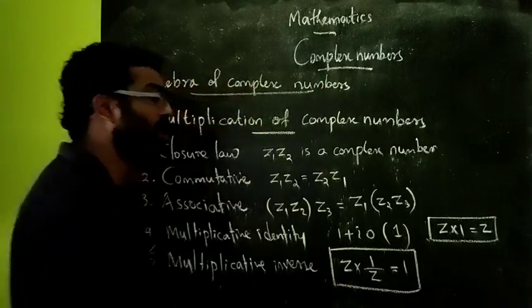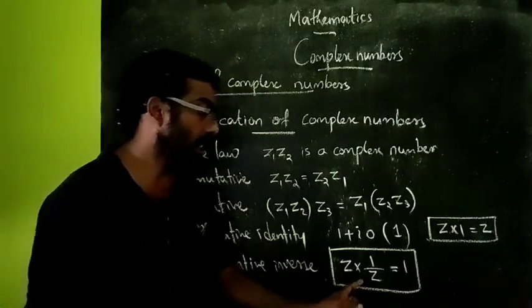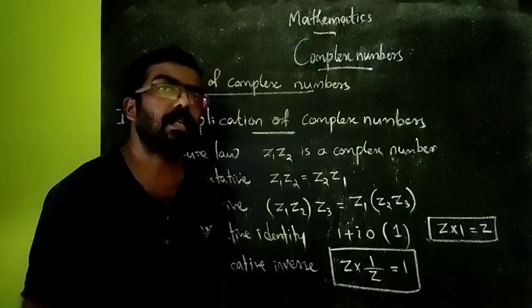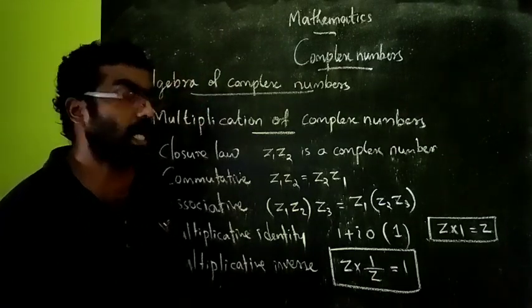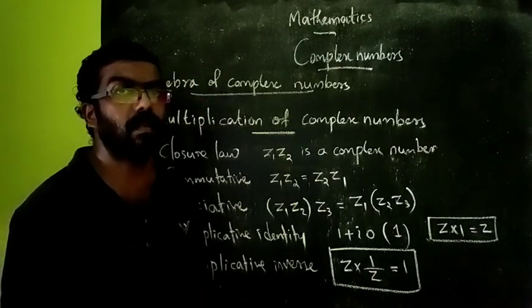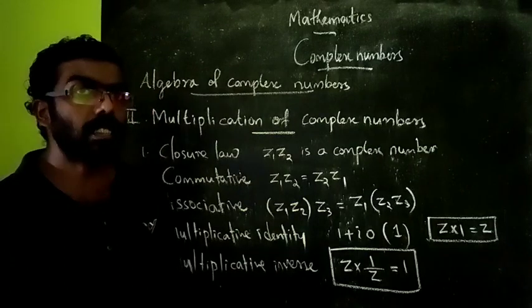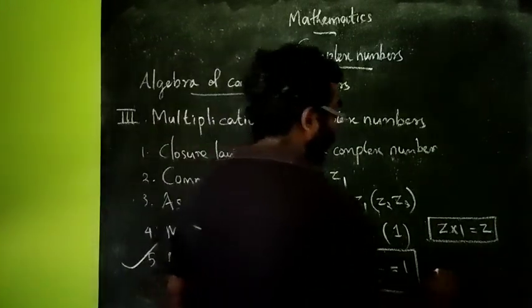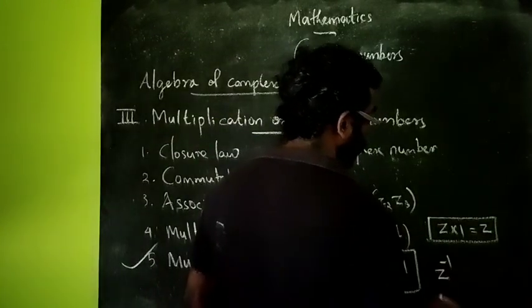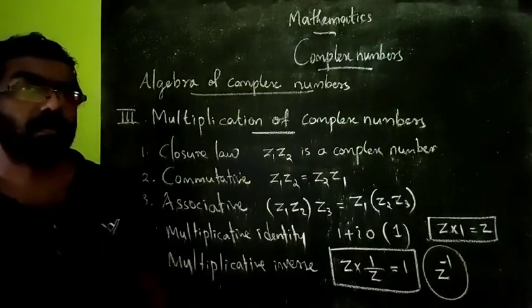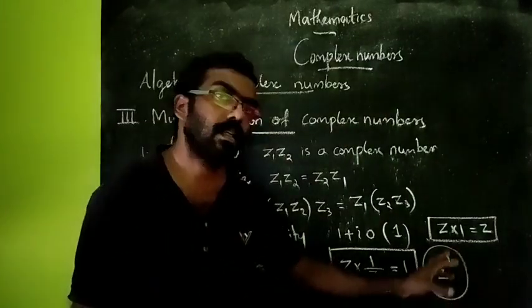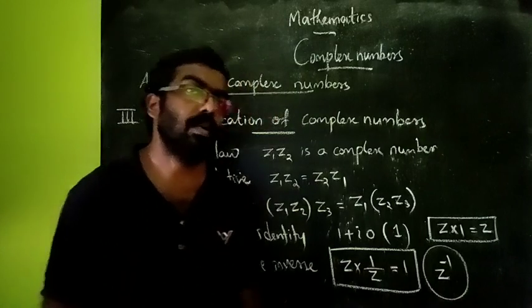If it satisfies this condition, we can say that 1 by Z is the multiplicative inverse of Z. And 1 by Z can be written as Z raised to minus 1. It's another notation of multiplicative inverse. We read it as Z inverse.